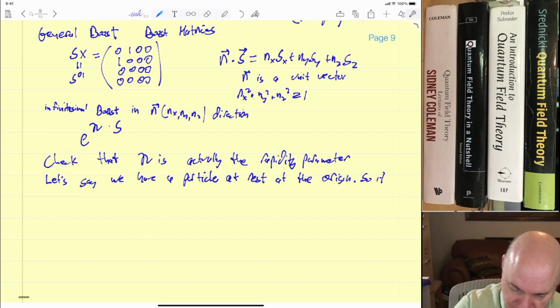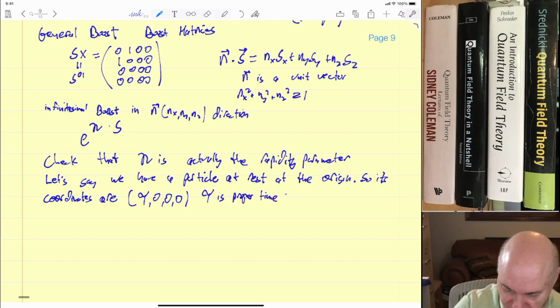So its coordinates in the original reference frame are tau, 0, 0, 0. Tau is the proper time, and that also equals coordinate time, since the particle is at rest.